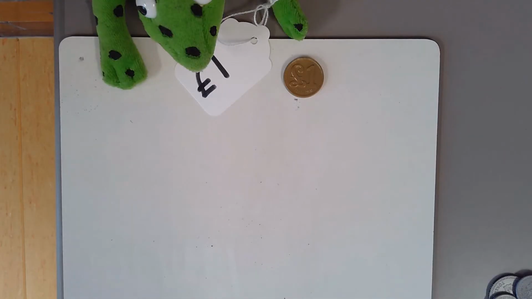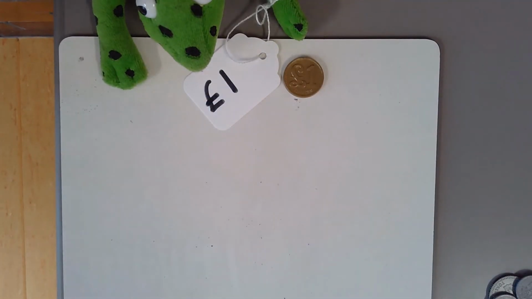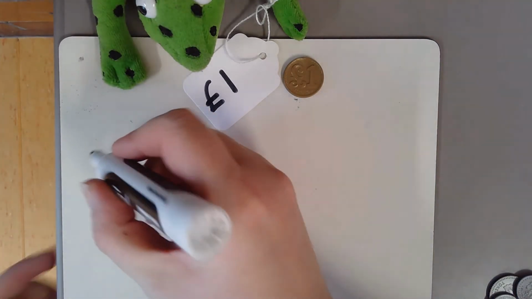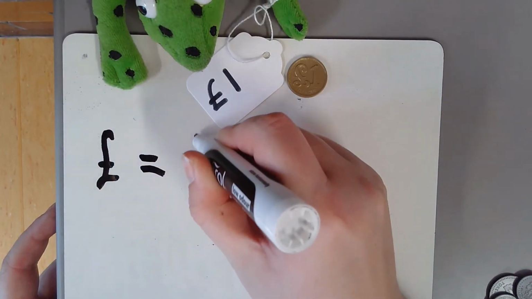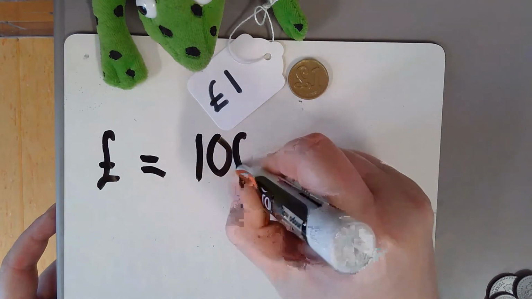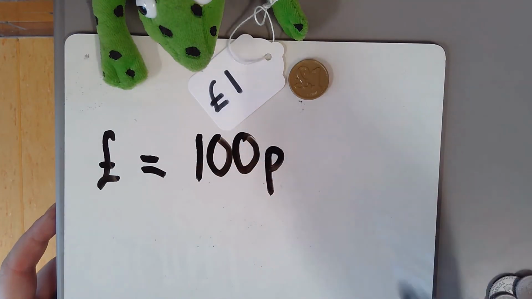For your independent task today, Fred costs £1. How much is £1 in pennies? £1 is the same as or equal to 100 pennies.